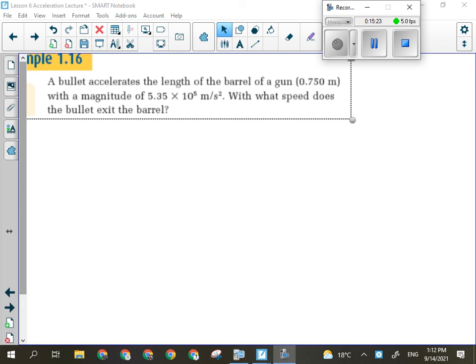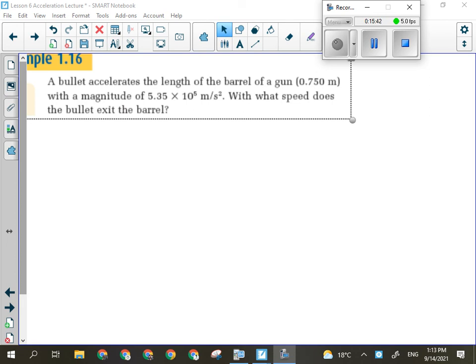What we're going to calculate here is the velocity at which a bullet leaves the barrel of a gun. And that's going to tell us something about the situation that Hollywood often portrays about hearing the sound of the shot before the bullet.